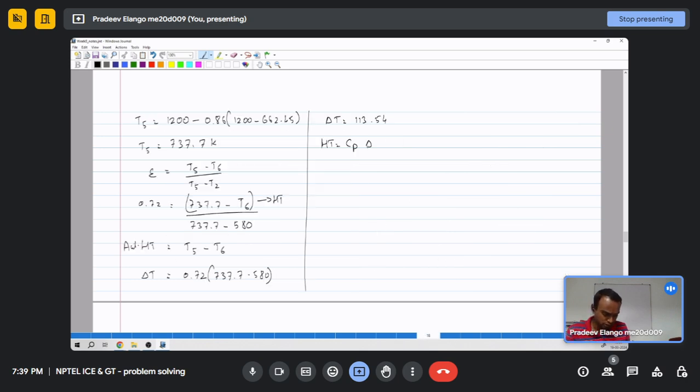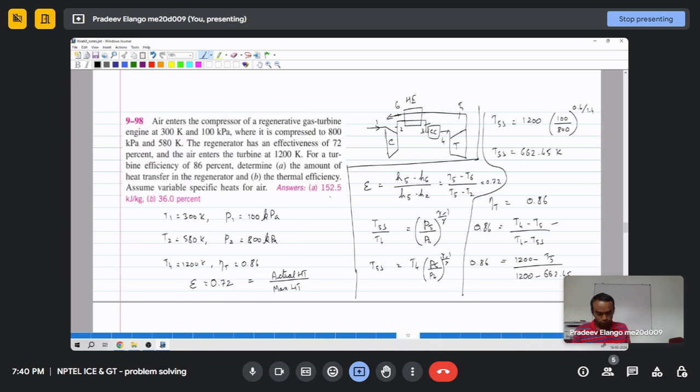So Cp into delta T, that is 1.005 into 113.54. Can you calculate the heat transfer? Sir, 114.11 kilojoule per kilogram. So here it's given as 152 when they have considered variable specific heat, but we have considered constant, so we have got a different value.